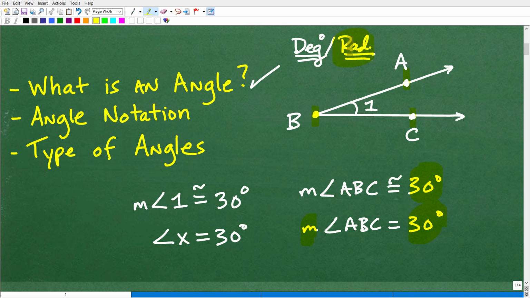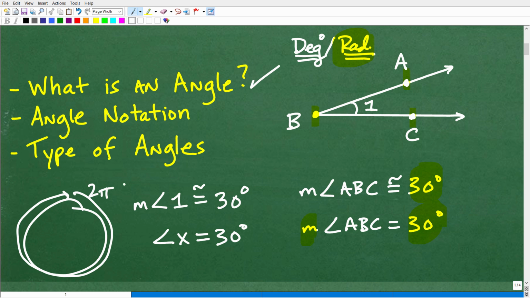Now, again, I talked about this thing called radians. Let me just tell you very quickly, when you go a full lap, that is what we call 2 pi radians. It doesn't have a little degree symbol to it. And you're going to study radians pretty heavy duty when you get into trigonometry. You actually express angles that way as you proceed in more advanced mathematics.